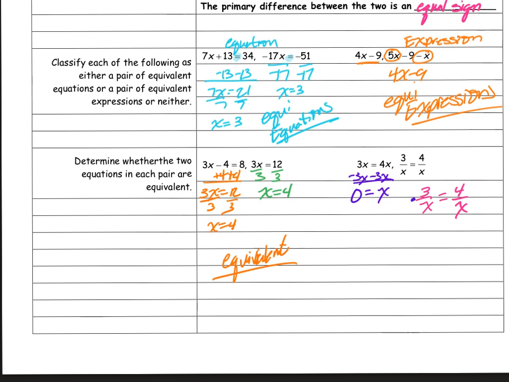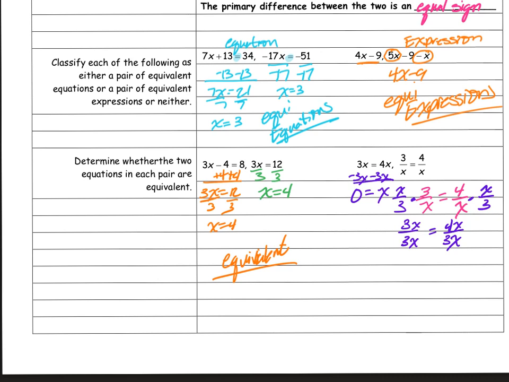The reciprocal is where I take the fraction and flip it, so the top becomes the bottom and the bottom becomes the top. I know you've heard that before. So I'm going to multiply by x over 3, so that the left-hand side becomes 3x over 3x, and that equals 4x over 3x.